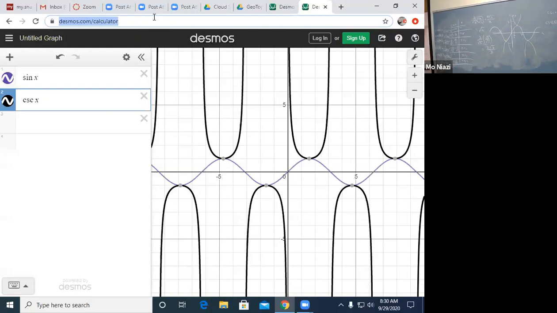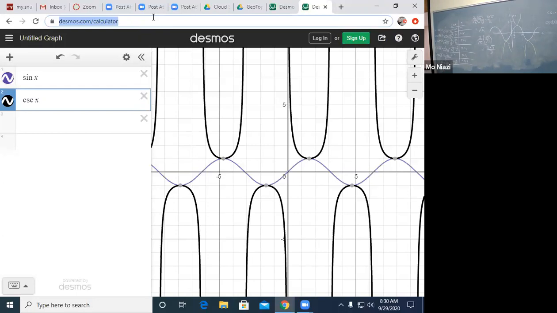Just know it's got asymptotes. Also, graphically, it reveals it to us because you get this as the output. Okay, so that's secant and cosecant.